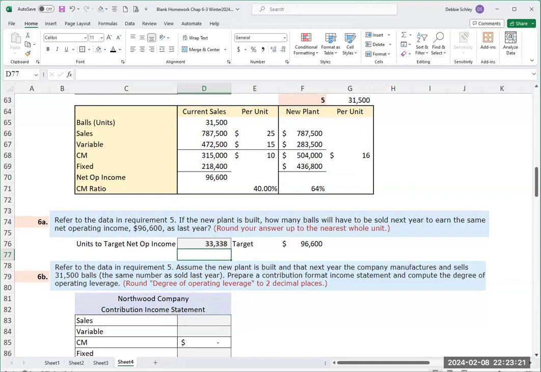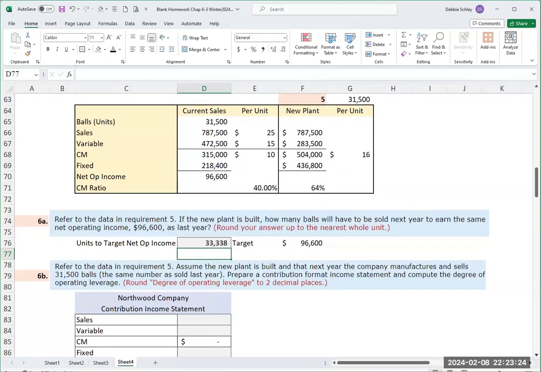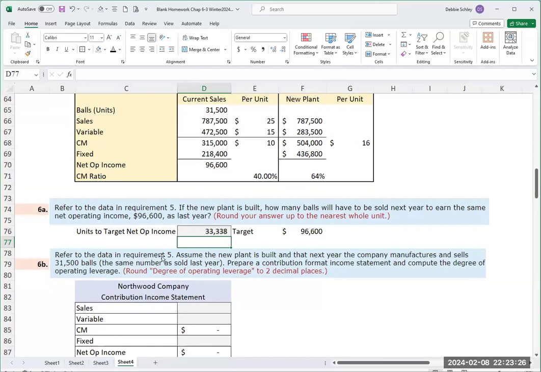Now, they want me to refer to the data in requirement 5, assume the new plant is built, and that next year the company manufactures and sells 31,500 balls, the same number as last year. So just for fun, I'll put that number right there. Prepare a contribution format income statement and compute the degree of operating leverage. Okay, so I'm just going to transfer down this information I have from the new plant.